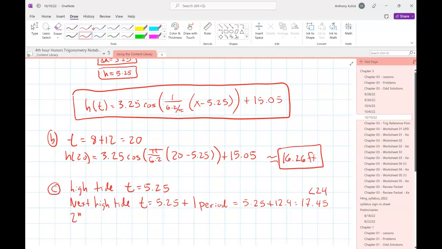And then maybe we'll say the third high tide then. We'll change that to second. It is going to be 5.25 plus 2 periods, or 17.65 plus 12.4, which would be 30.05.